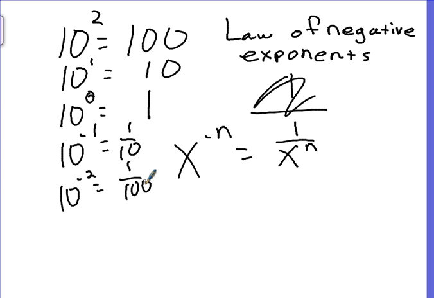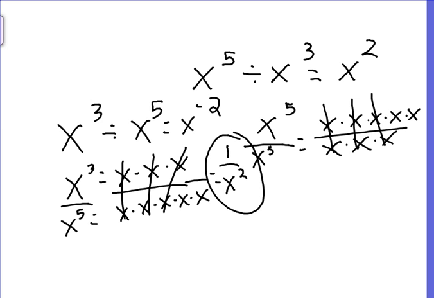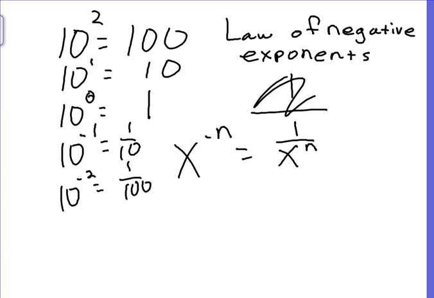And we proved this to be true when we worked out this problem this way. X to the third divided by x to the fifth gave me 1 over x squared. All right, we proved that to be true. So that's the law of negative exponents.